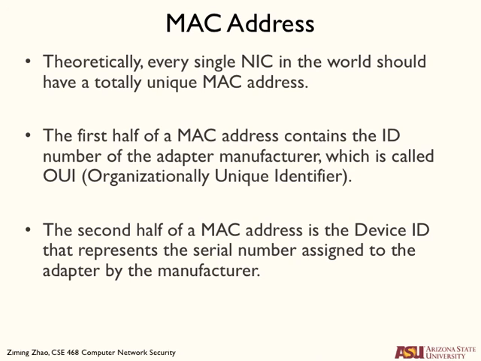Theoretically, each NIC should have its unique address. So how to make that possible? The first half of the MAC address, the 24 bits, contains the ID of the manufacturer. And the next 24 bits are the device ID assigned by the manufacturer.